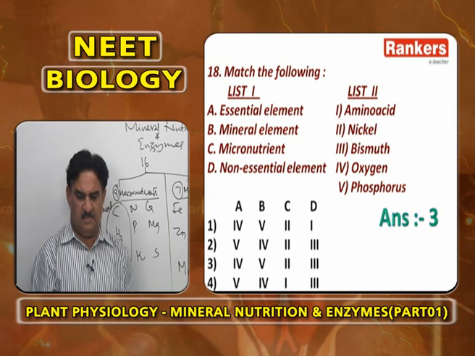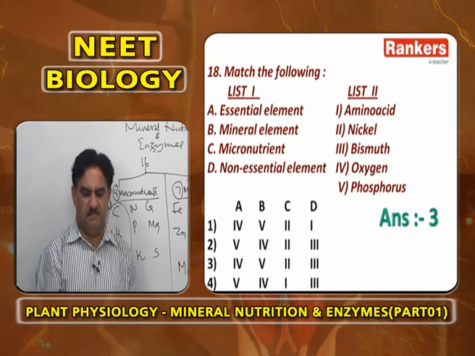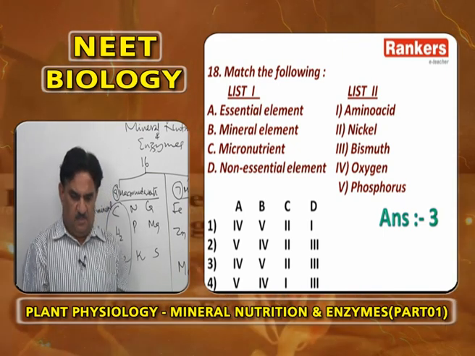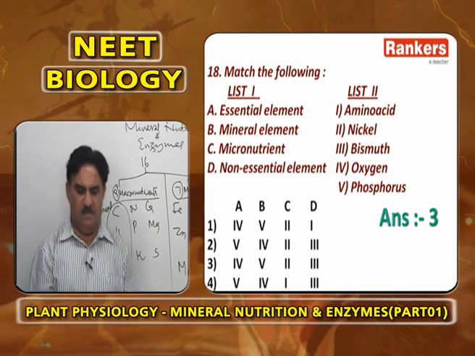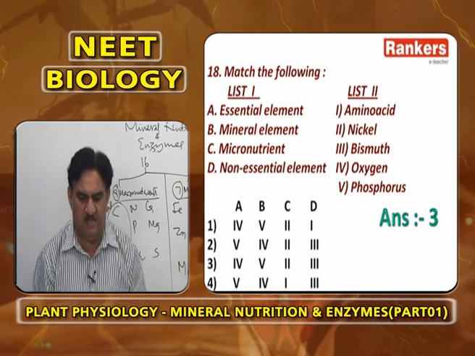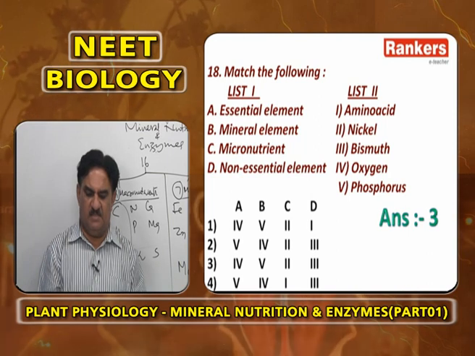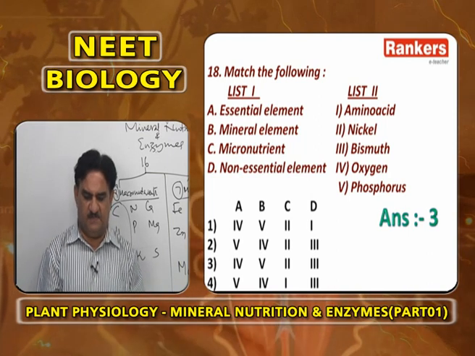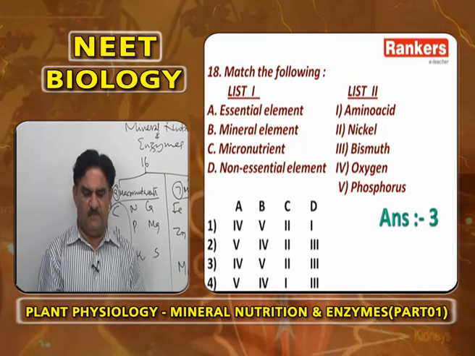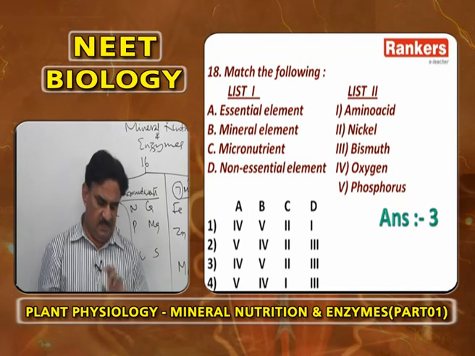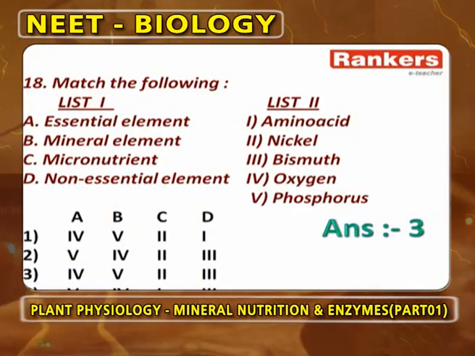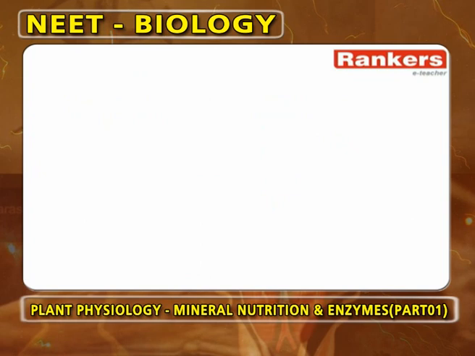And non-essential element is bismuth. So, A4, B5, C2, D3 will be the answer for this. So, answer is 3. Next.